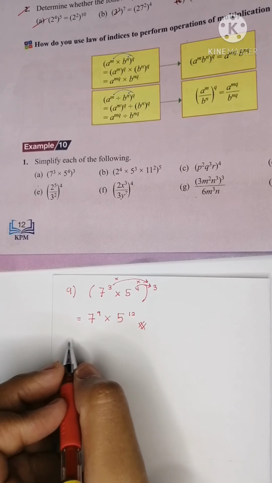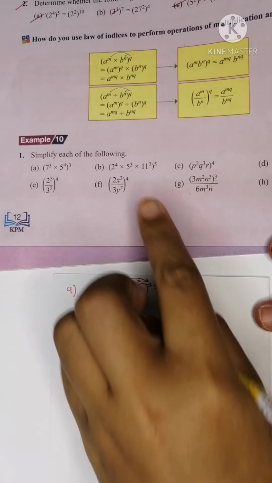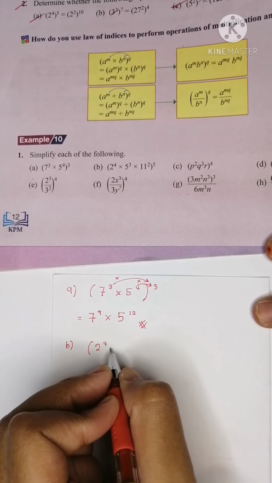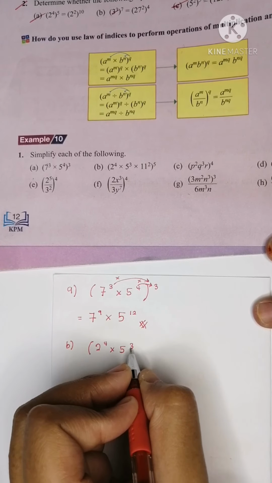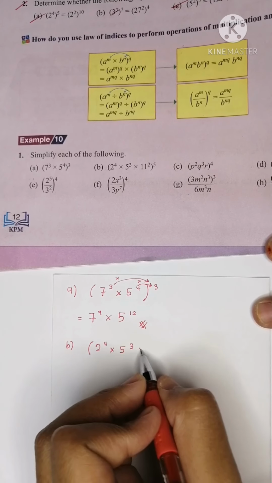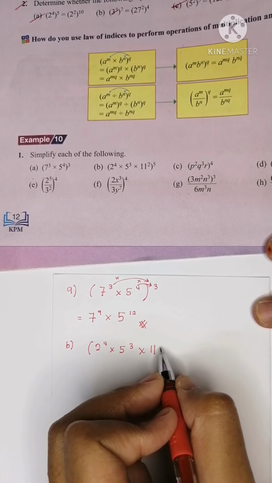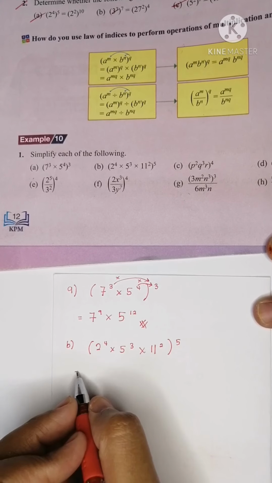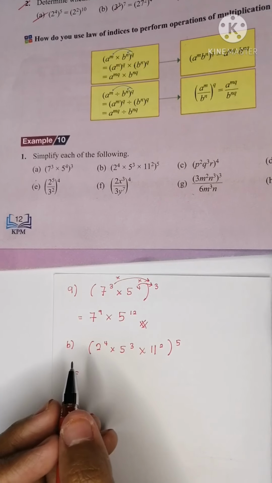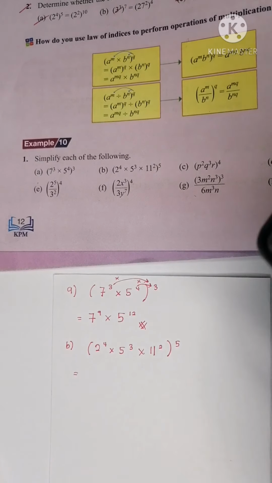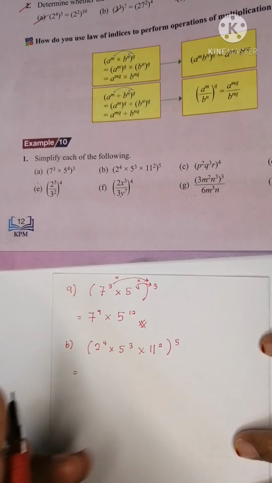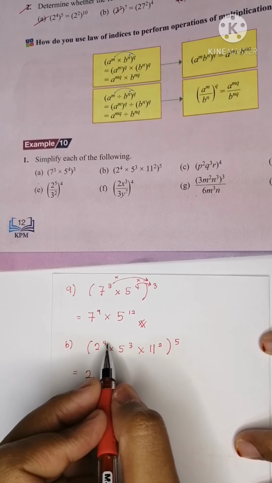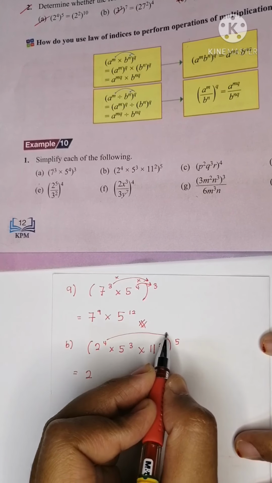So now look at B. 2 to the power of 4 times 5 to the power of 3 times 11 to the power of 2, close bracket, to the power of 5. So how do you solve it? The way is like this. 2, which is the base, just copy back the base, and the power you need to multiply with 5.